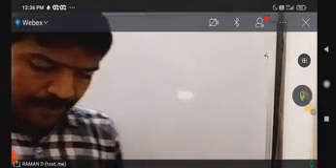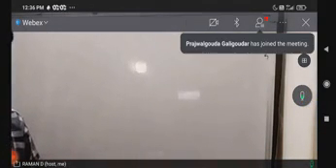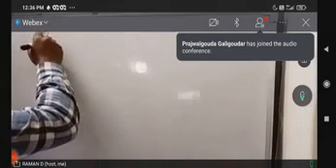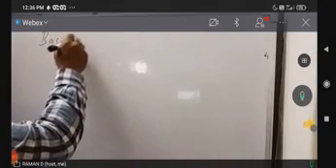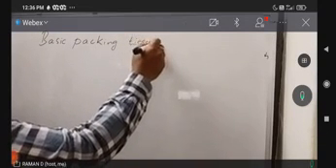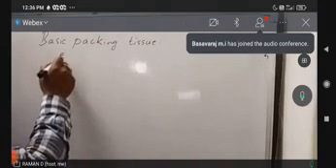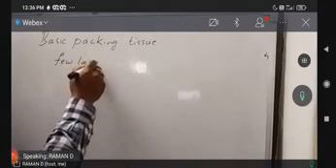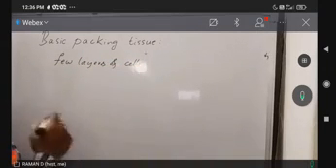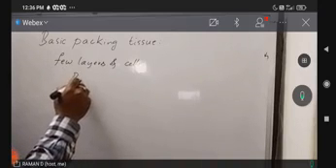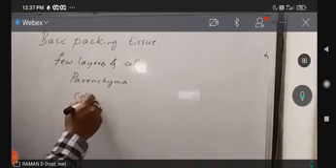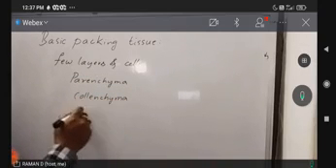So we have completed simple permanent tissues, right? There are two types of simple permanent tissues: basic packing tissue, which is made up of few layers of cells, and epidermis. Basic packing tissue has three types: parenchyma, collenchyma, and sclerenchyma.